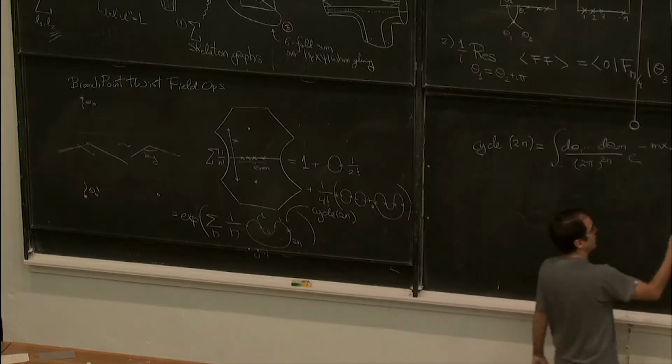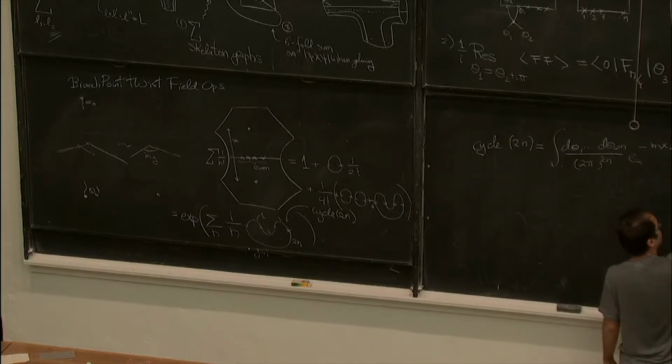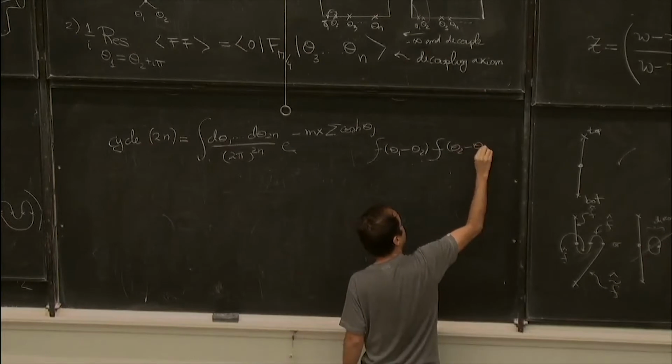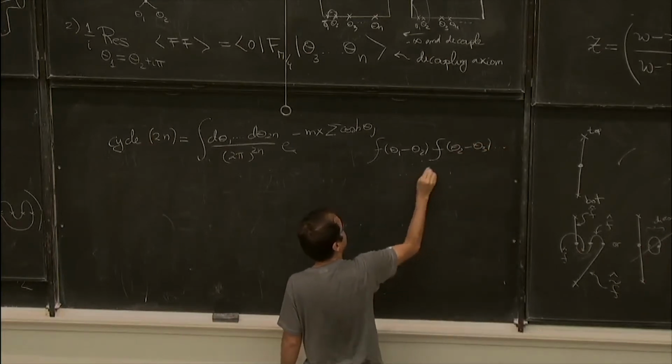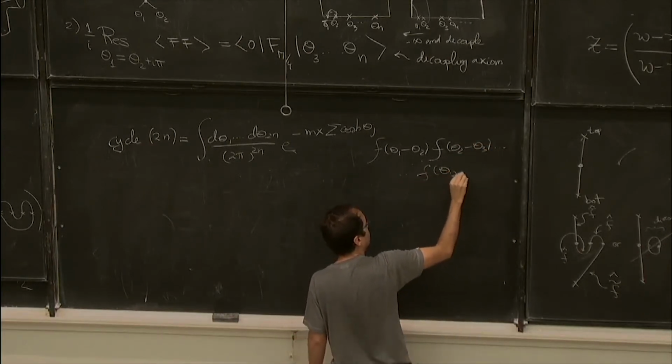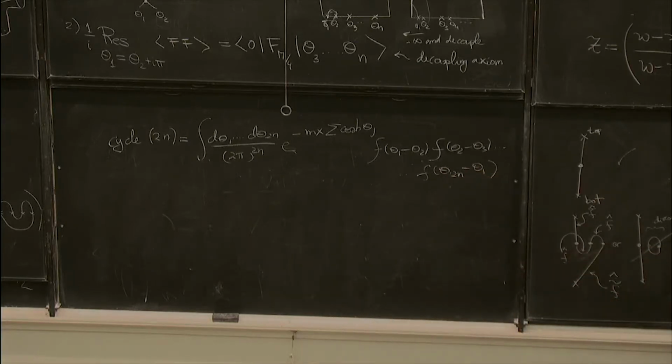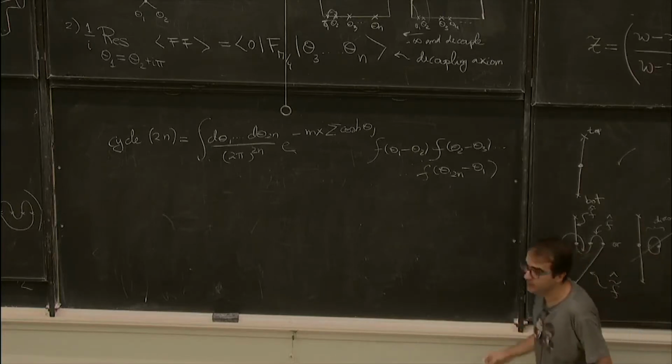And then just a loop, f of theta 1 minus theta 2, f of theta 2 minus theta 3, dot, dot, dot, f of theta 2n minus theta 1.